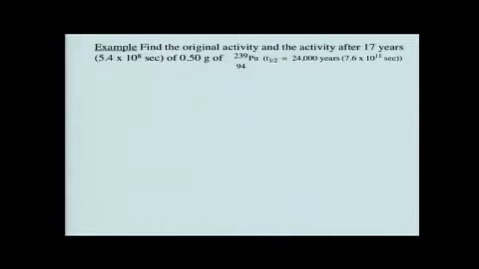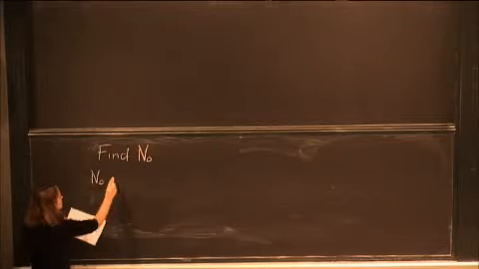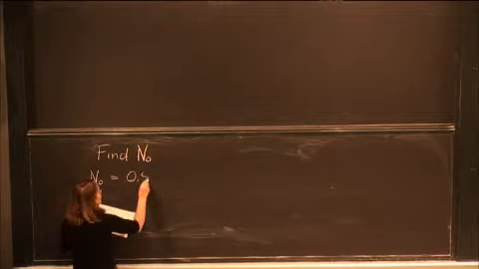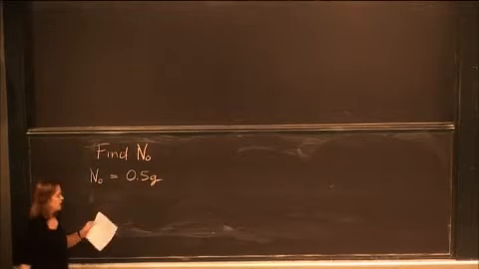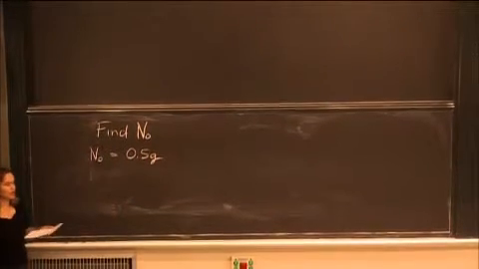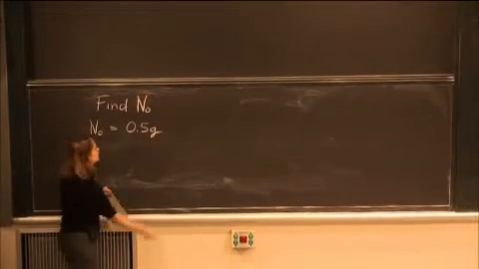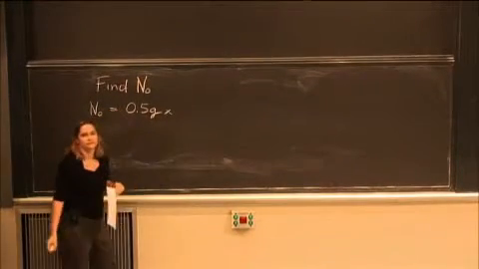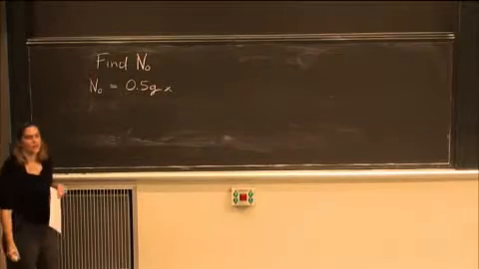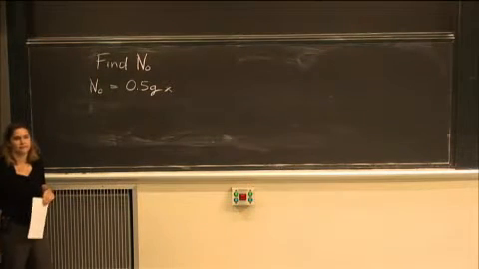So first, capital N0, the original number of nuclei. We're given information about grams. So we have 0.5 grams. Now if we want to know the number of nuclei, what's the first thing I have to do? Convert from grams to what?